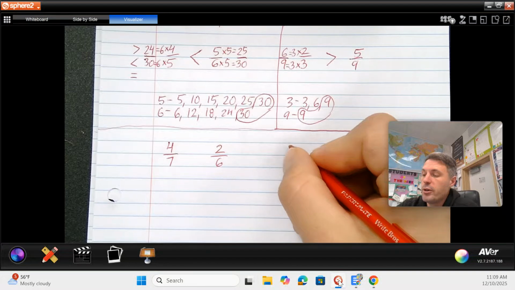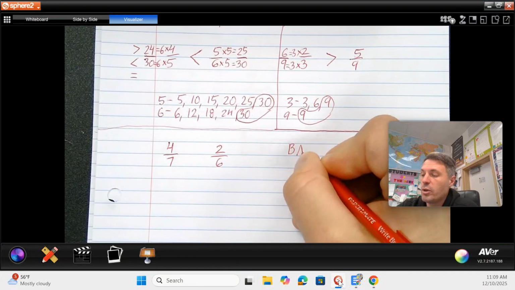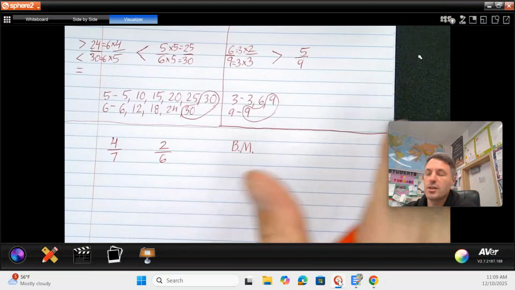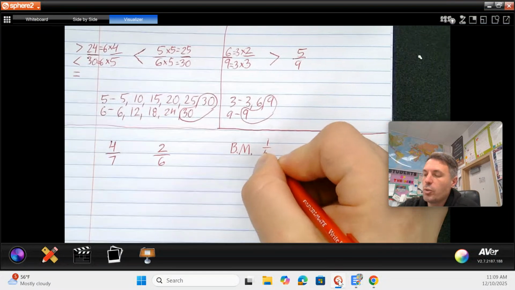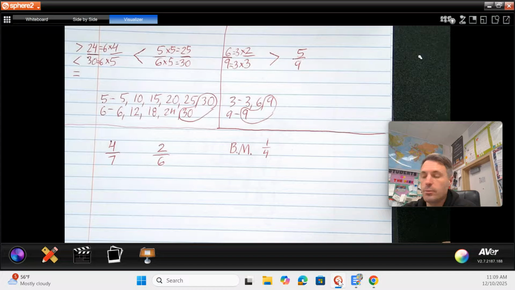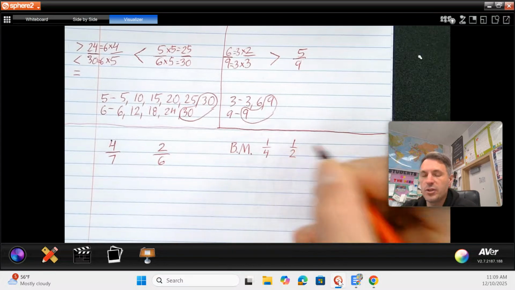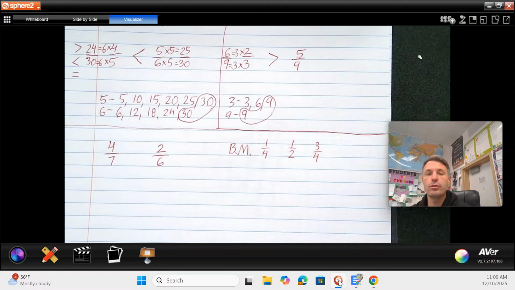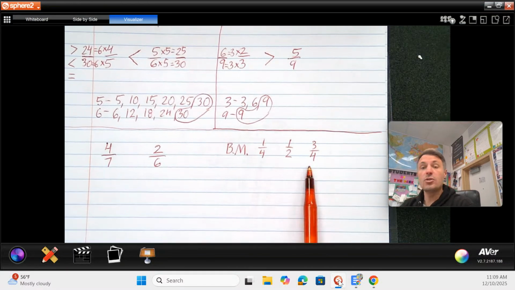There's some really important benchmark fractions. We're going to call that BM, benchmark fractions. What are those benchmark fractions? 1/4 is a really important benchmark fraction. Also, 1/2 is a really important benchmark fraction, and 3/4. These are the three most important benchmark fractions. And you can use these to compare fractions.